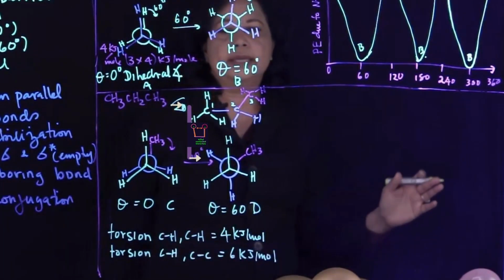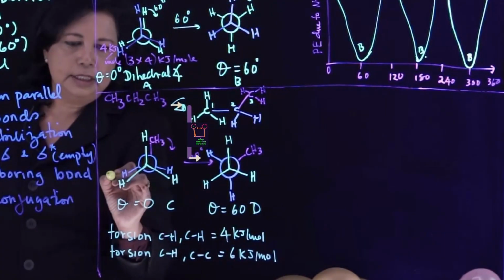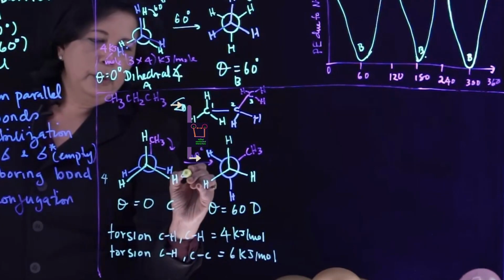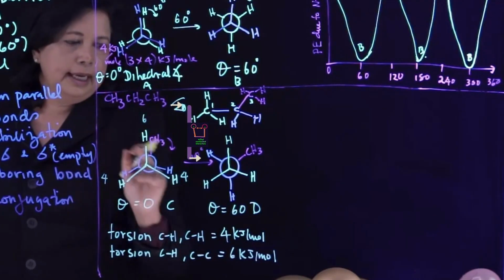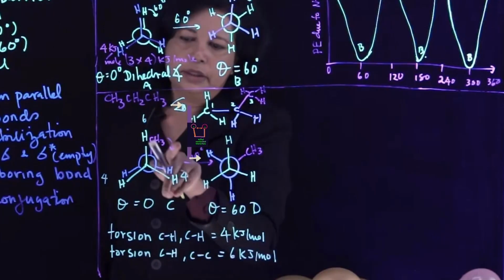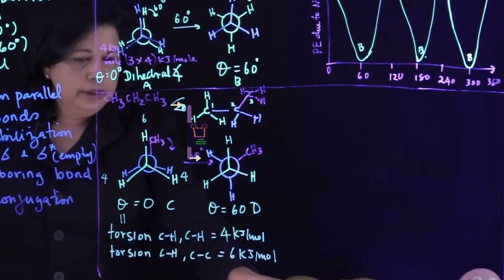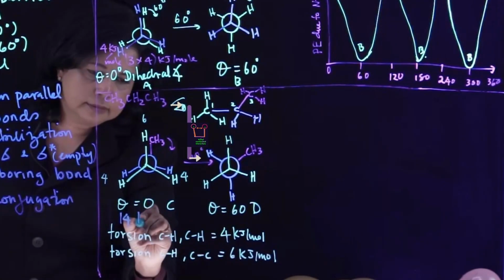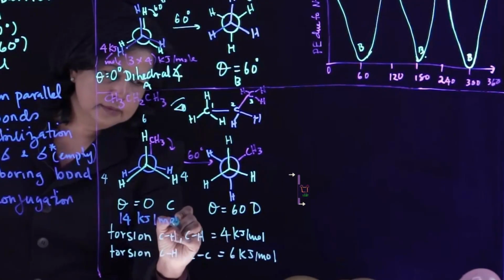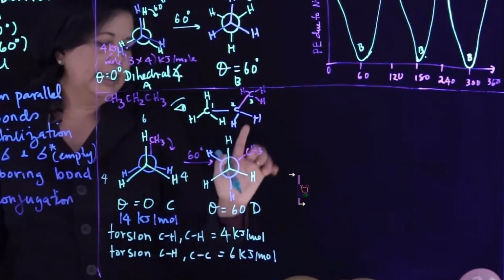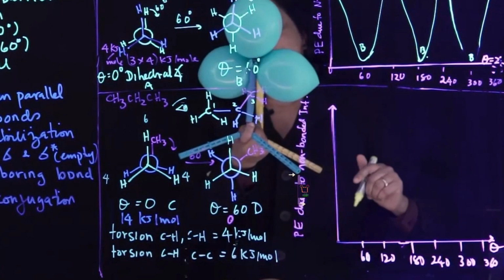So now we can calculate the total. We said this is 4, and this is 6, again kilojoules per mole. So this whole thing is going to be 14 kilojoules per mole higher than this. Again, the steric here is negligible. There's no gauche here.